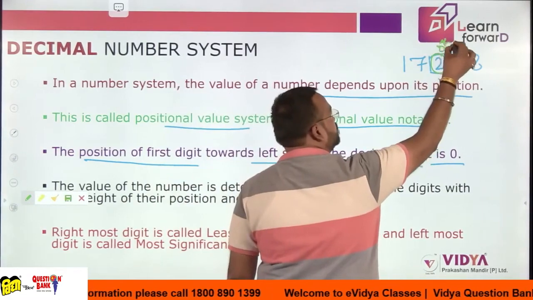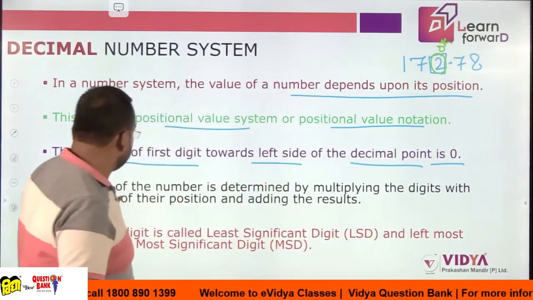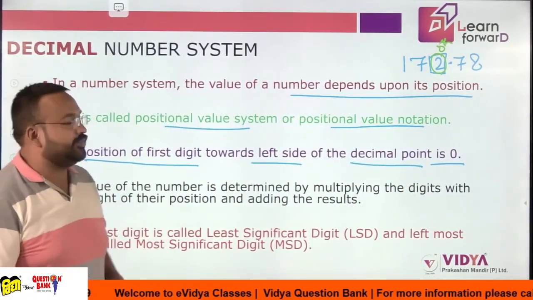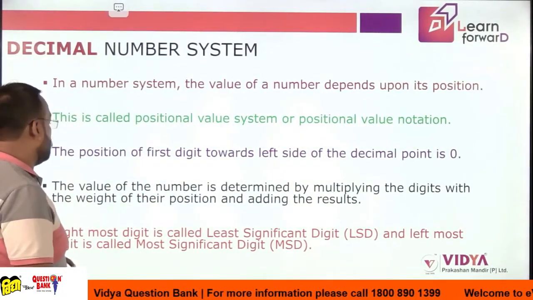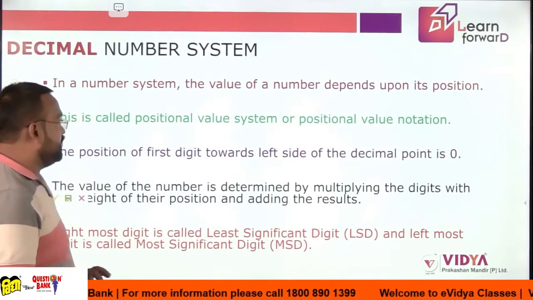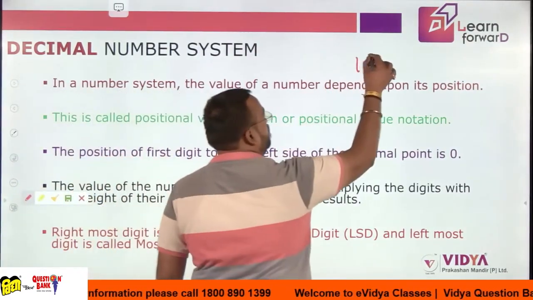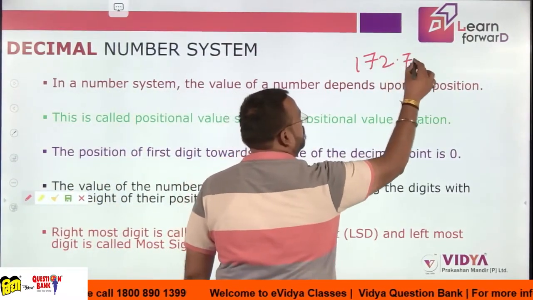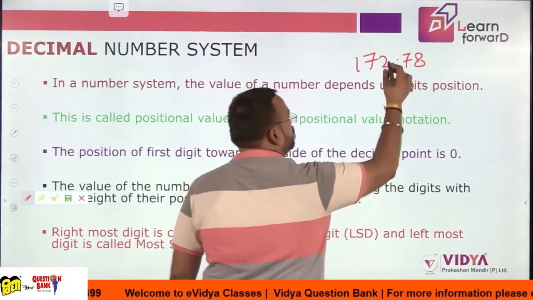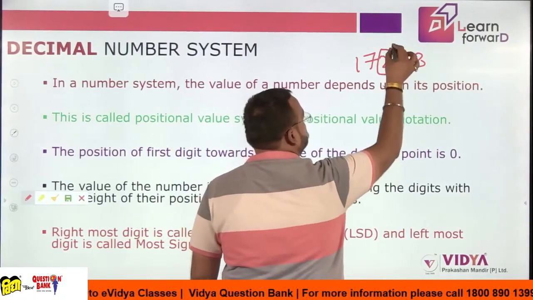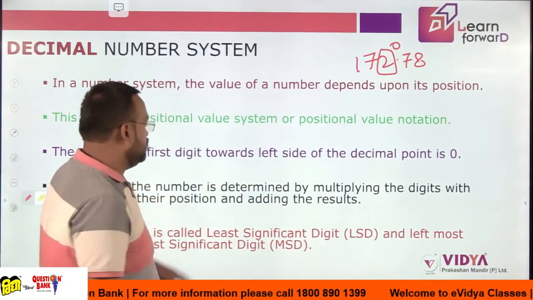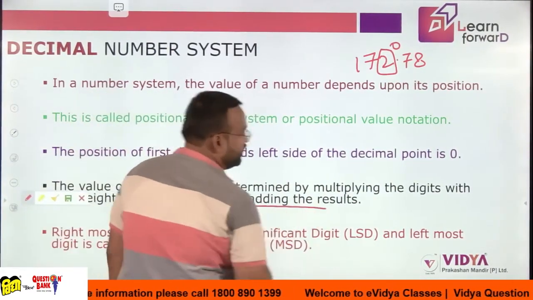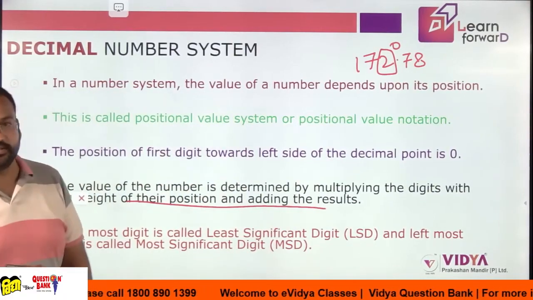And the value of the number is determined by multiplying the digits with the weight of their position. So this would be the 0th position, and we get its weight by multiplying the power of that particular number system with the digit.